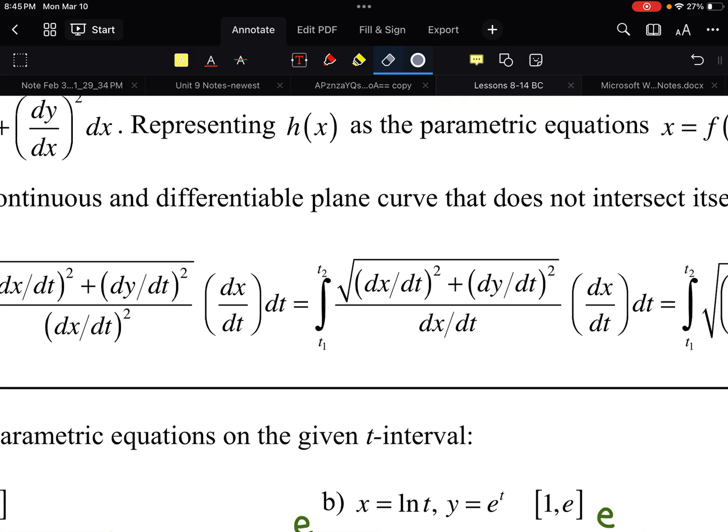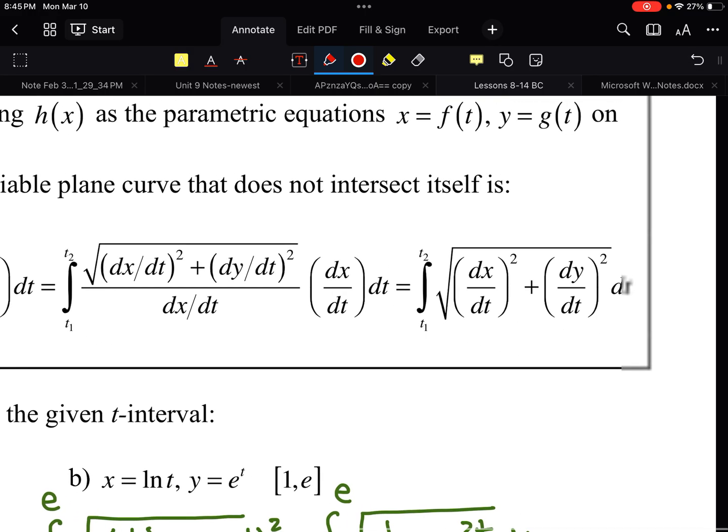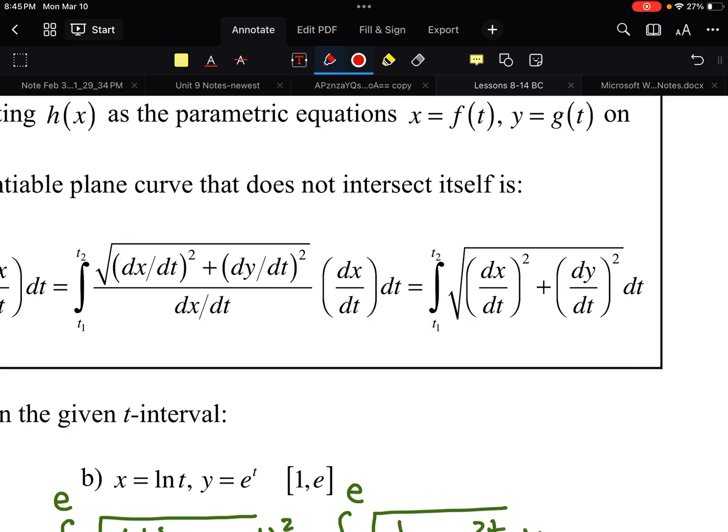We could do the square root of the squared on the bottom, and that's just dx/dt, which cancels out over here. And then we're left with the square root of (dx/dt) squared plus (dy/dt) squared.